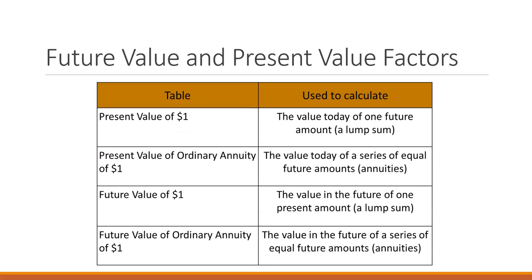So we have future value and present value factors. There are 4 different kinds of values. First, we have the present value of $1. That is the value today of one future amount or a lump sum. A good example of this is when you see that the lottery is up to $300 million, but then it says underneath in smaller letters that if you took that amount home, it would only be worth $150 million.